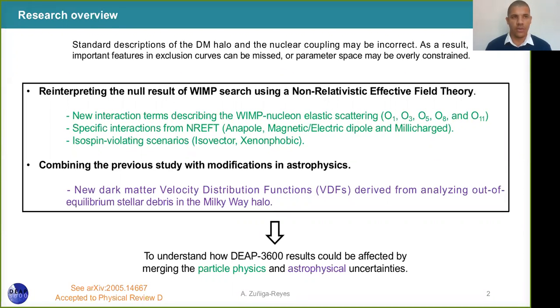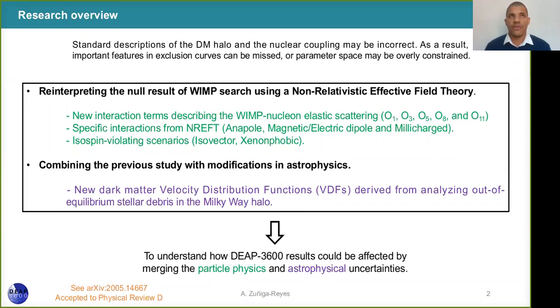But these models can be oversimplified, and thus important features in the exclusion curve can be missed, or we can over-constrain the parameter space. That's why in this work, we reinterpret the null result of the WIMP search in DEAP corresponding to the first year of operation using non-relativistic effective field theory.